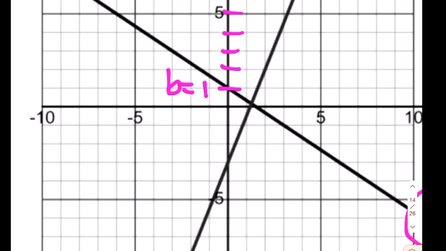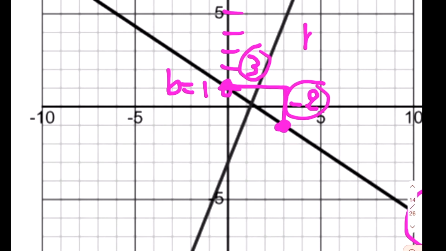Okay, now we need to find the slope. So if I want to go from this point to this point, I count the run and the rise. So the run is 3. And the rise actually is down 2. Okay? So it's negative 2 over 3.